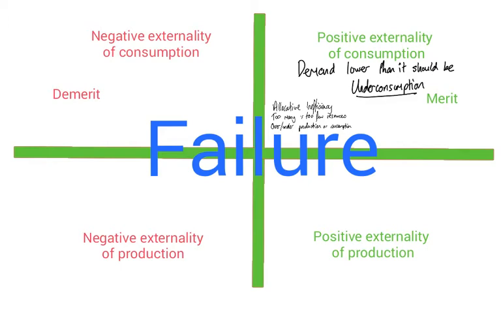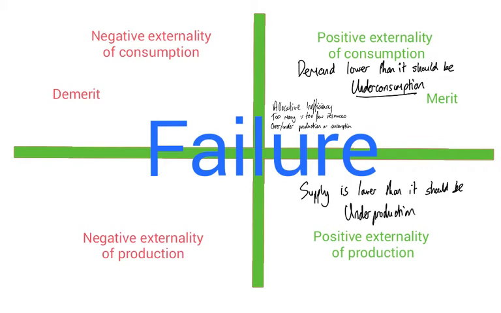Under consumption. Okay. Going down to the bottom right then, positive externalities of production mean that supply is lower than it should be. Okay, the firms are not taking account of the full benefits of them producing the products, and as a result of this, there will be underproduction.